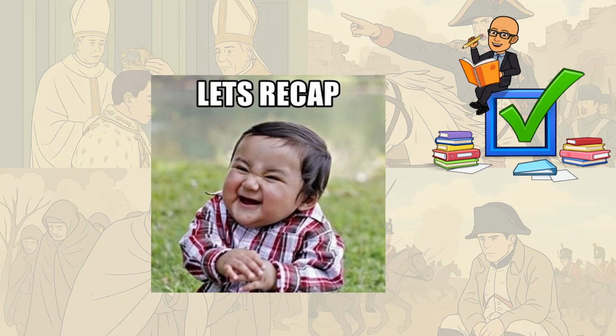Italy got its squad together with Cavour and Garibaldi, and Germany leveled up thanks to Bismarck's cold, calculated power plays. From empires crumbling to new nations rising, this chapter was basically Europe's messy breakup album, full of betrayal, glow-ups, and a few absolute bangers.